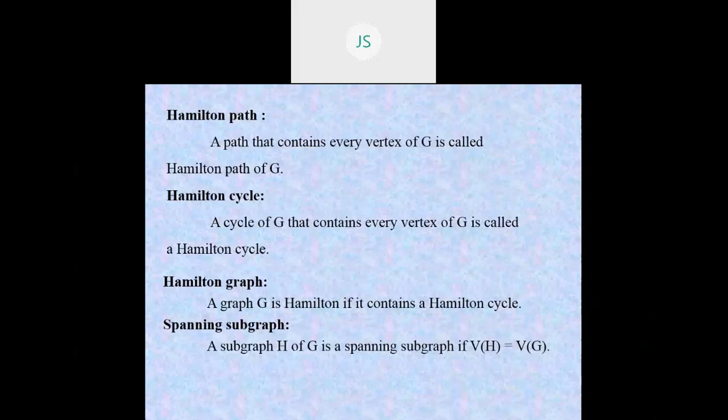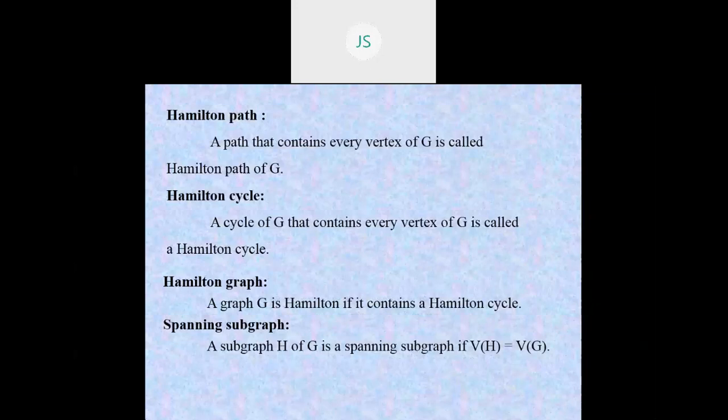What is a Hamiltonian path? A path that contains every vertex of G is called a Hamiltonian path of G. And a Hamiltonian cycle, a cycle of G that contains every vertex of G, is called a Hamiltonian cycle.